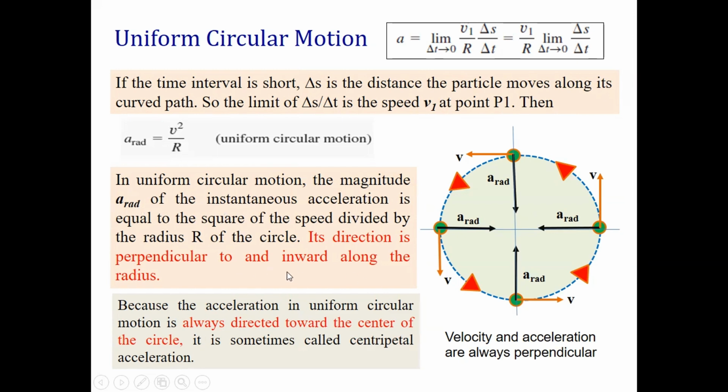Its direction is perpendicular to the velocity, and it is always inward towards the center along the radius. Because acceleration in a uniform circular motion is always directed towards the center, it is sometimes called centripetal acceleration.